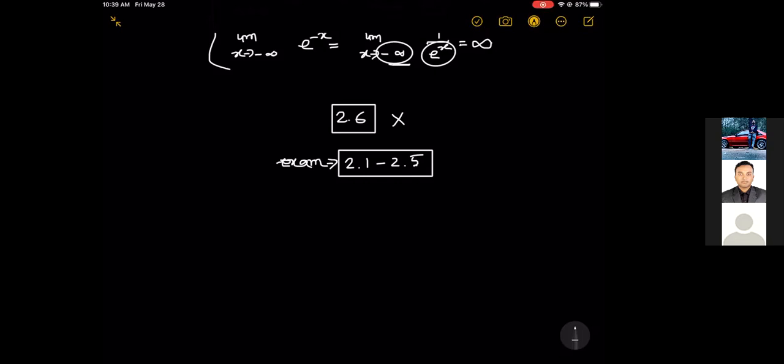All right, 2.6. Now we want to find the continuity. What does continuity mean? Mathematically, how can we say that a function is continuous or not? First of all, I want you guys to tell me, what do you understand by this word continuity?